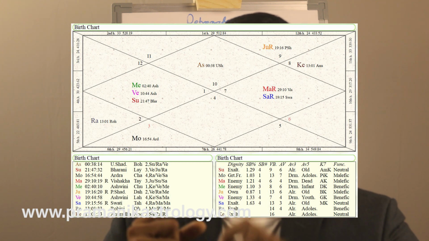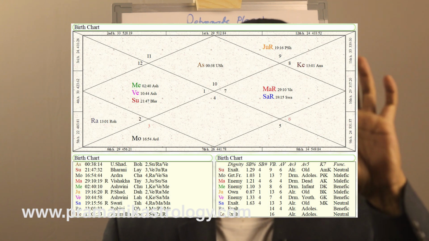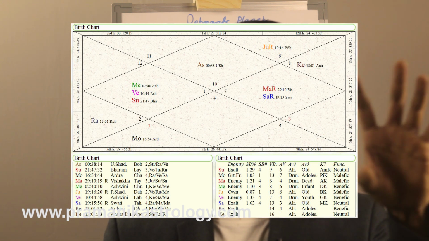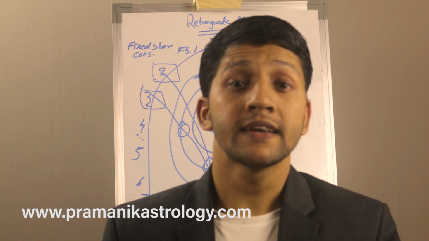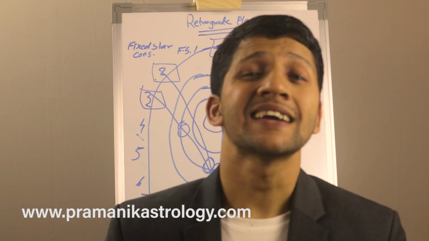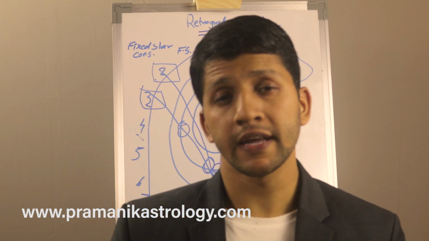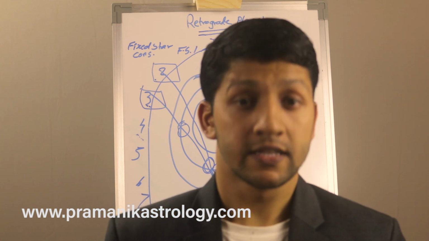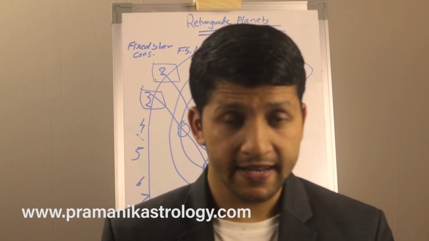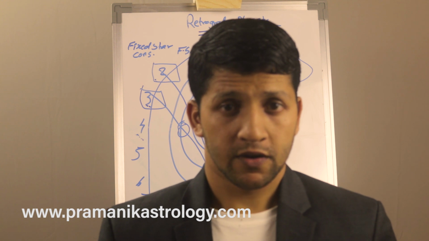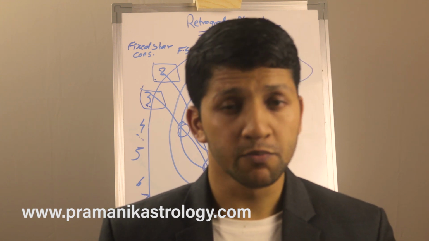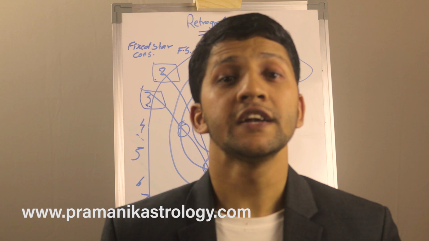So the ascendant and the Dhana house 10 and 11 will get great results with the Saturn in Libra in 10th house retrograde.